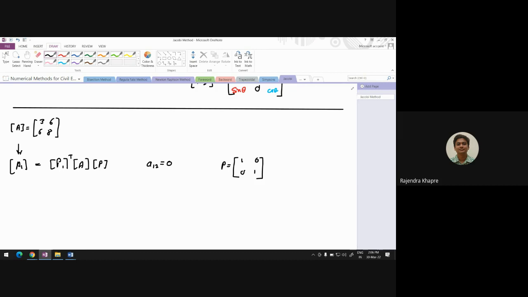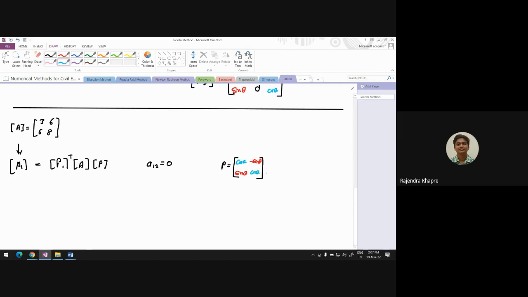But now since we are trying to eliminate A12, here we will write minus sin theta, and if you exchange the rows and columns, here you will write plus sin theta. And for the diagonal locations, that is 1 1 and 2 2, here you write cos theta, and here you write cos theta.